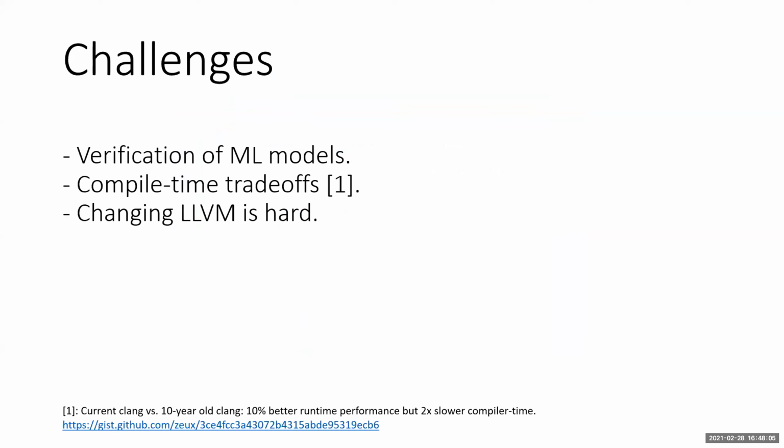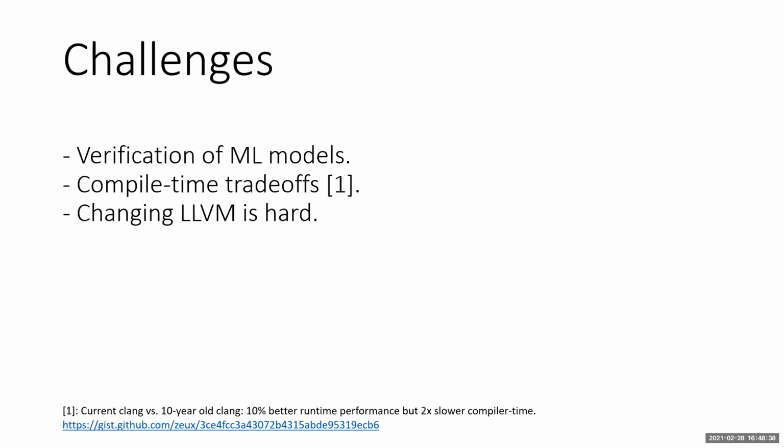I think the main challenges for those innovative ideas are, first, verification. For a machine learning model, it's perfectly fine to be 99% accurate. However, for compilers, it's pretty much a game stopper. We cannot allow generating incorrect code even in 1% of the cases, so we need some kind of formal verification methods here. The second challenge is compile time trade-offs.